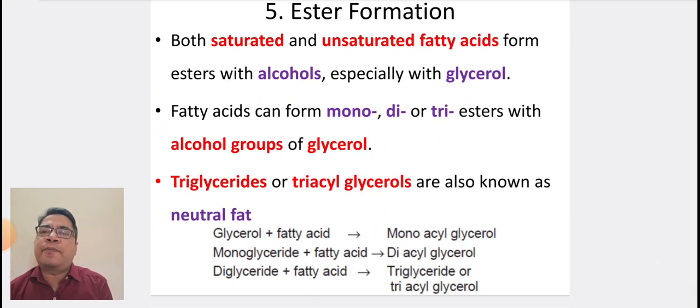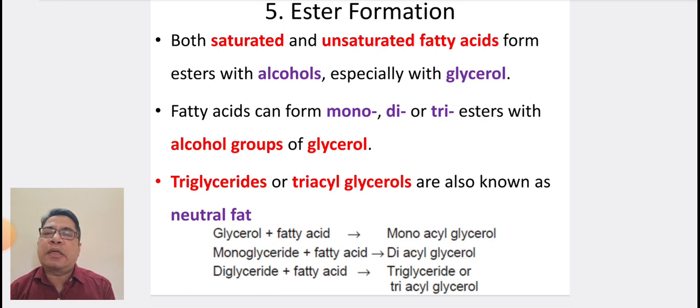Coming to the fifth property, ester formation. Both saturated and unsaturated fatty acids form esters with alcohols, especially glycerol. Fatty acids can form mono, di, or tri esters with the alcohol groups of glycerol.